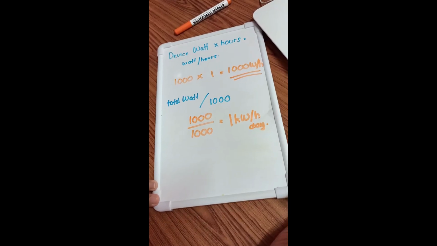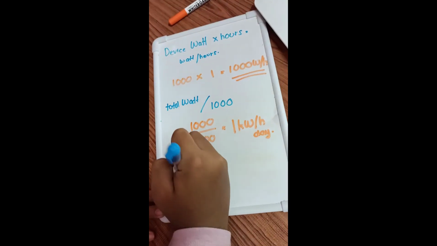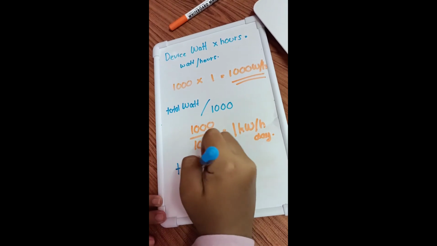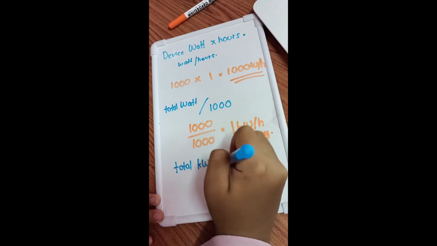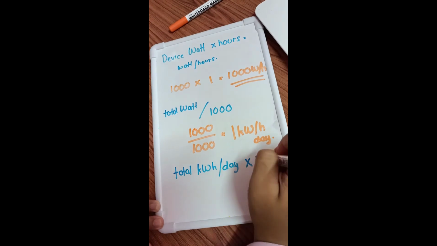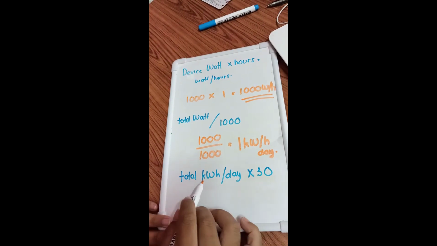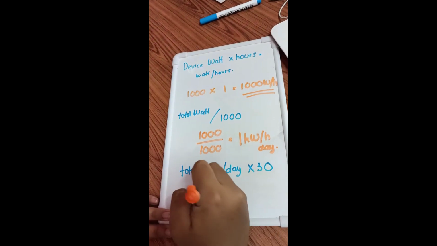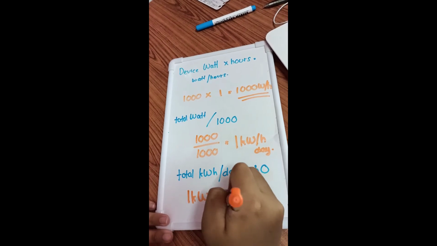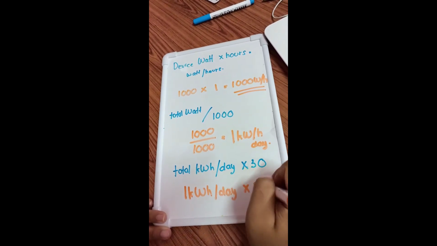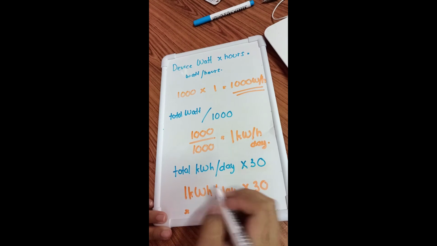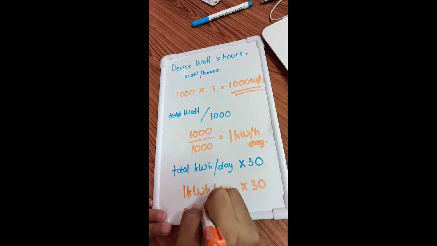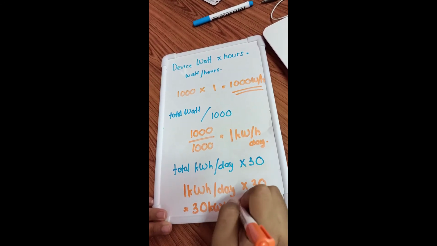For every month, the formula is kilowatt hour per day times 30. So for iron, 1 kilowatt hour per day times 30 gives 30 kilowatt hour per month.